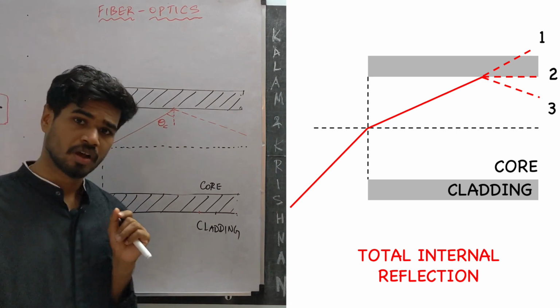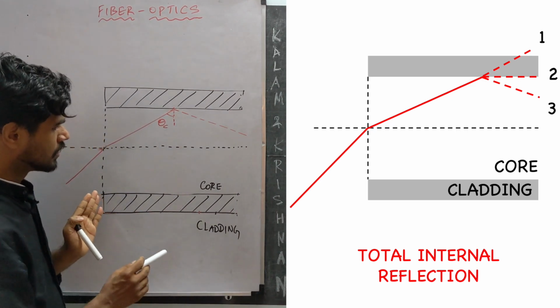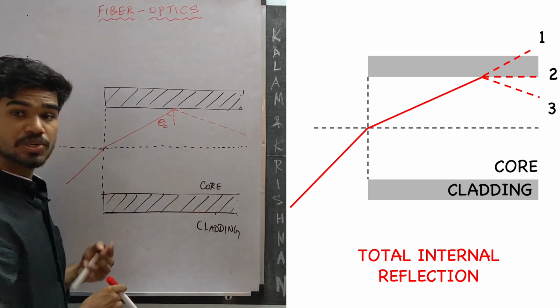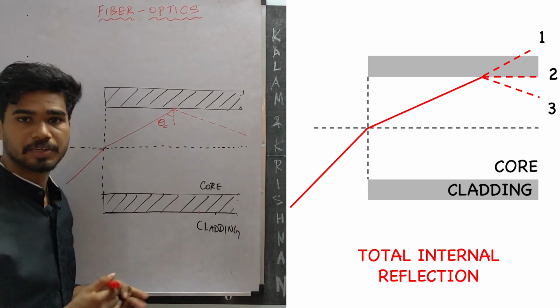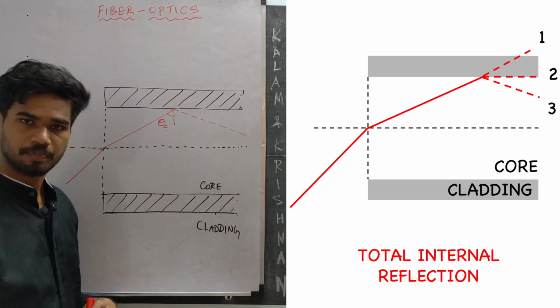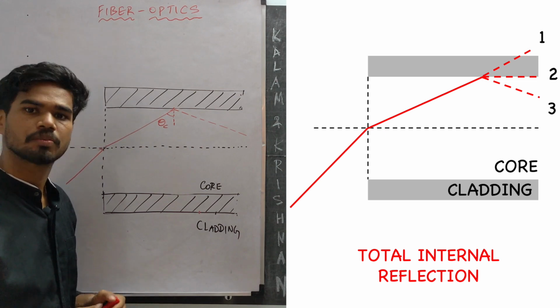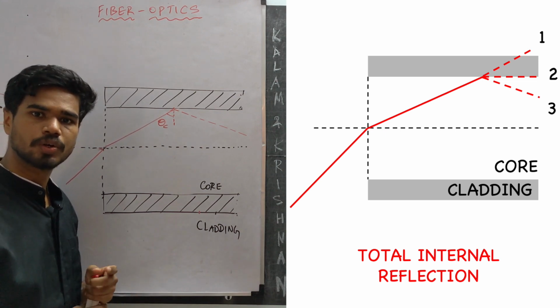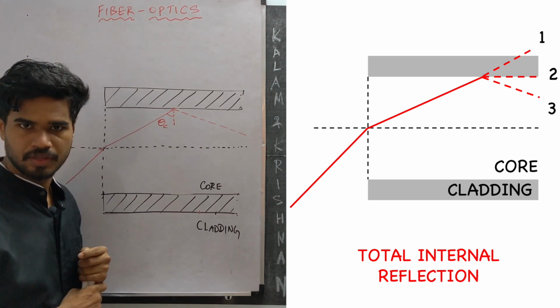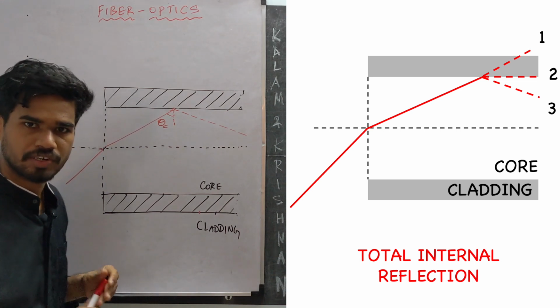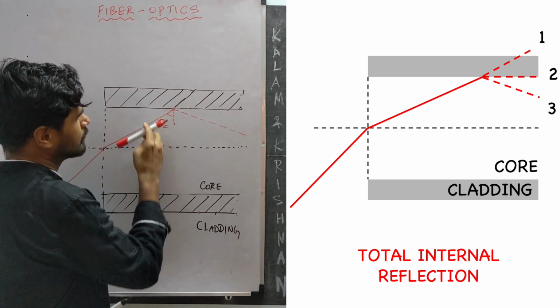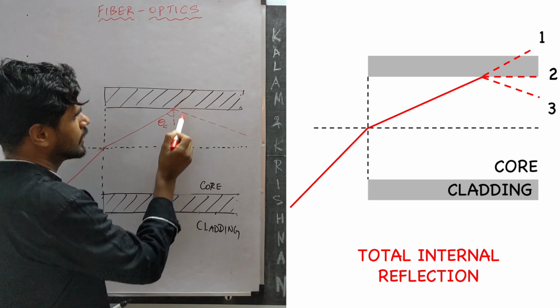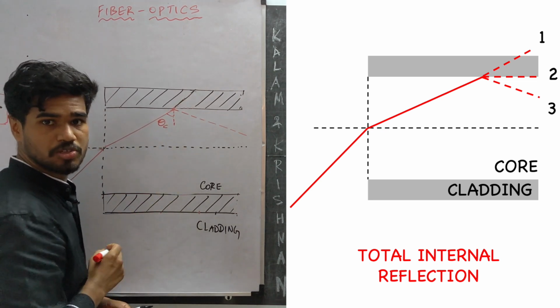First question, how does the fiber optic cable ensure that light is trapped within the core of the cable? The answer boils down to what is known as total internal reflection. Let's look at what total internal reflection is. When a propagating light wave hits the interface between the cladding and the core, three things are possible.